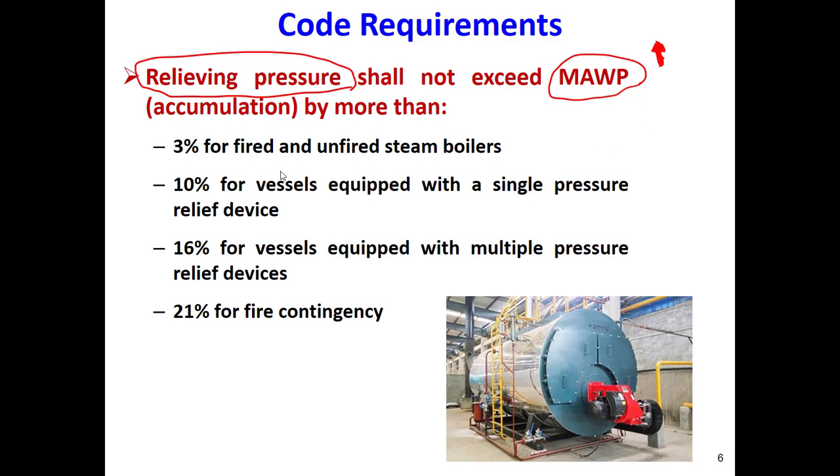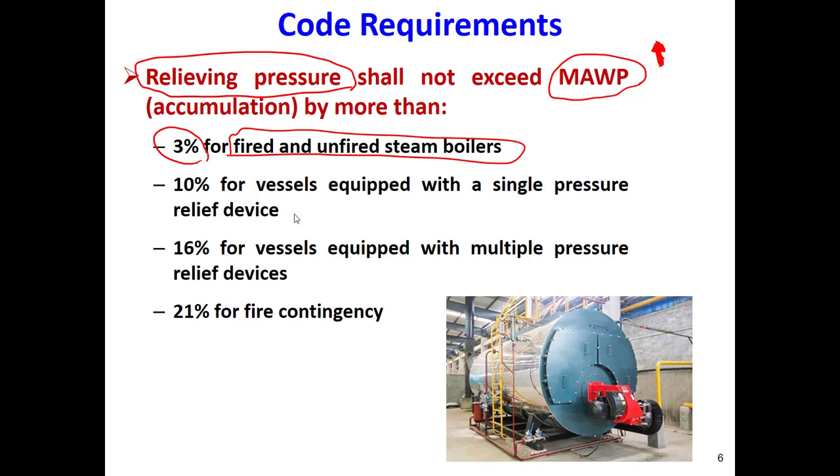So, for example, there are some cases here. For a fired or unfired steam boiler, we can set the relieving pressure about 3% more than the MAWP, the allowable pressure.